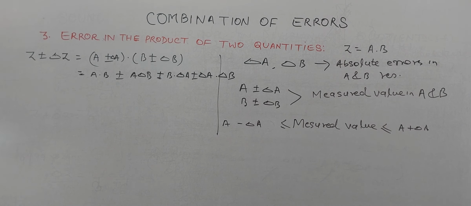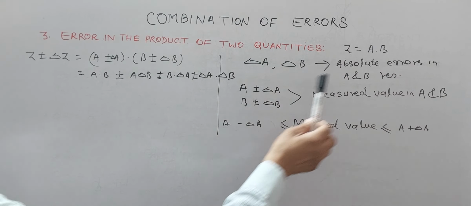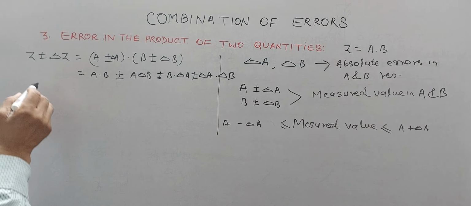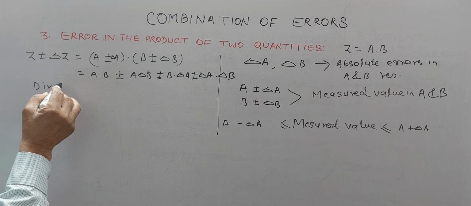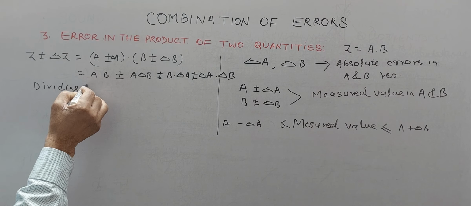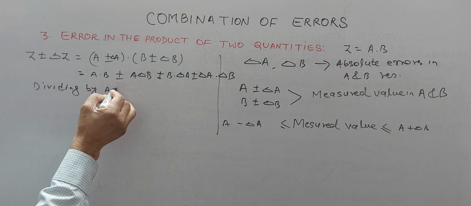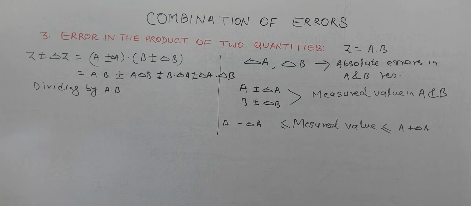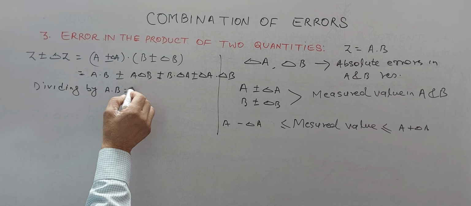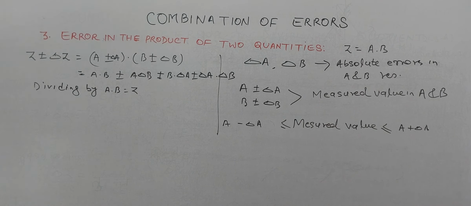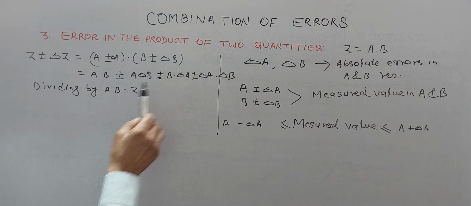Now divide the whole equation by AB. Since A dot B is equal to Z, we divide the left hand side by Z and the right hand side by AB.